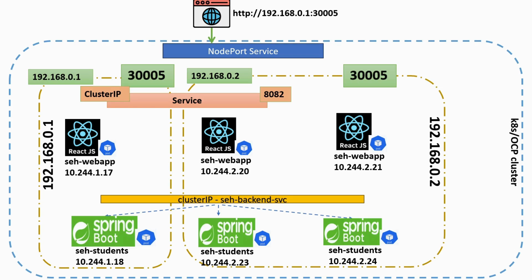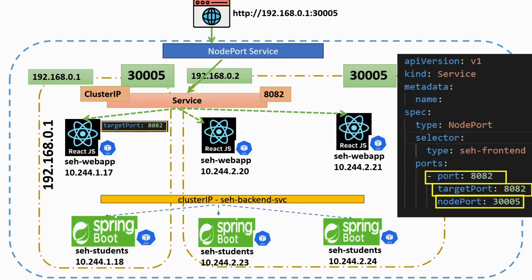And internally, the request flows like this: from node port to cluster IP service to service port and then to pod in the target port. So even though we are accessing the application from outside the cluster, inside the cluster it still behaves exactly like a cluster IP service. The node port simply acts as an entry point that allows external traffic to reach the service.